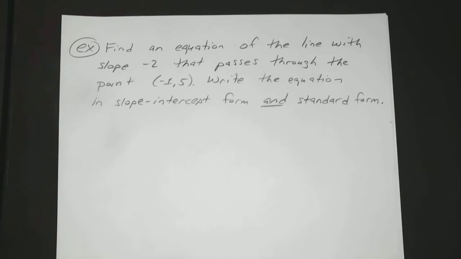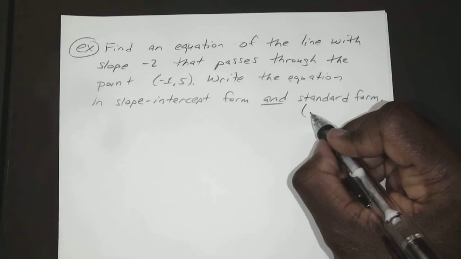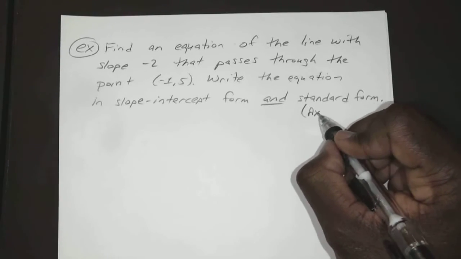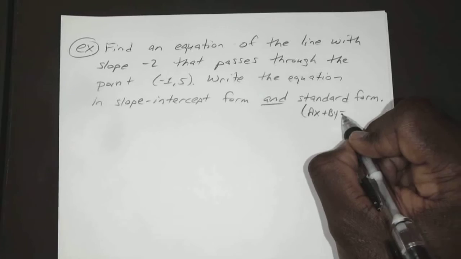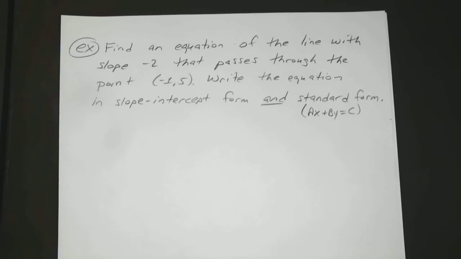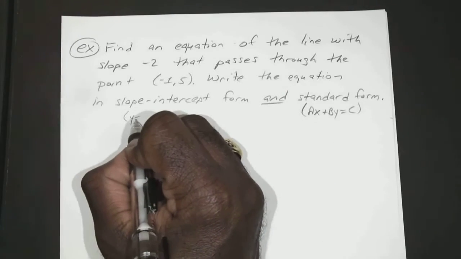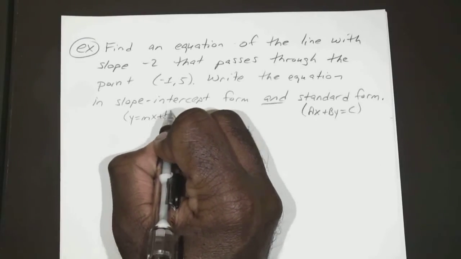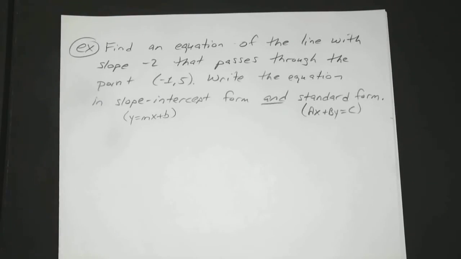Standard form is just bringing all the variables to one side. So if you have, let's say, ax plus by equals c, where a, b, and c are just numbers, it could be 2x plus 3y equals 7, something like that. And slope-intercept form is just y equals mx plus b. So for one, you're going to solve for y, and for the other, you're going to leave all the variables on the left.